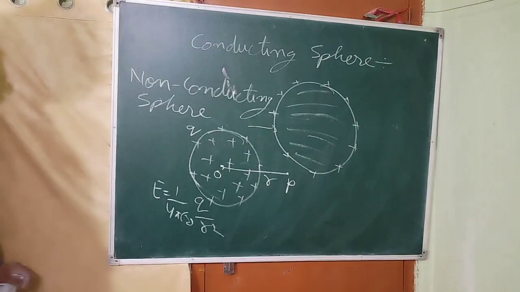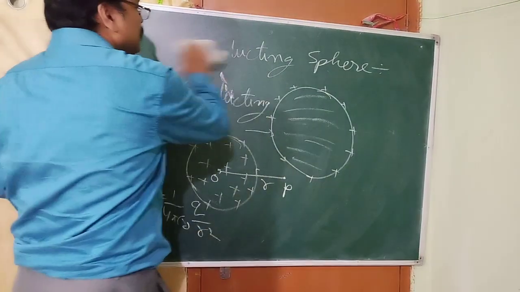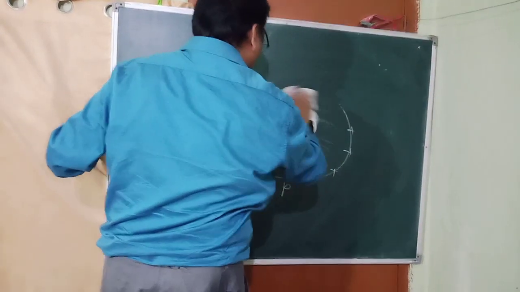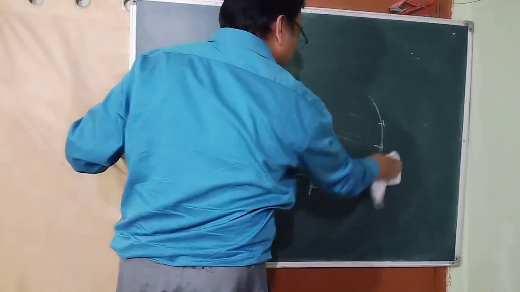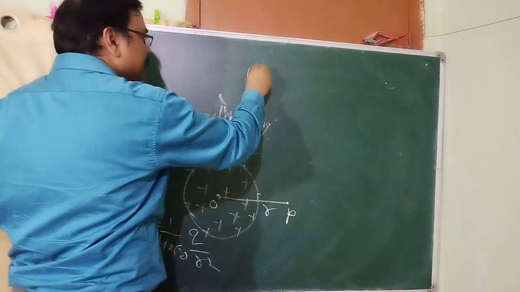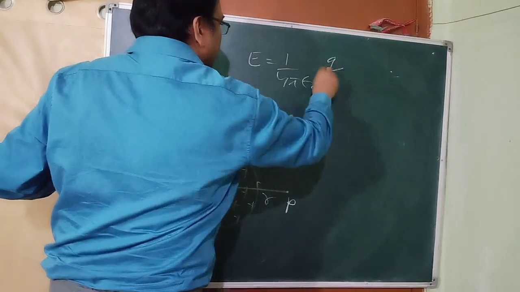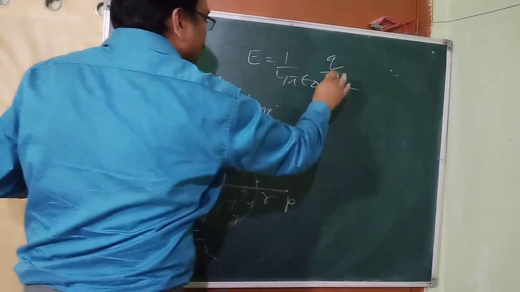If you are trying to find it on the surface of this non-conducting sphere, you will get E is equal to 1 by 4 pi epsilon naught Q by R square, as you got in the case of spherical shell.